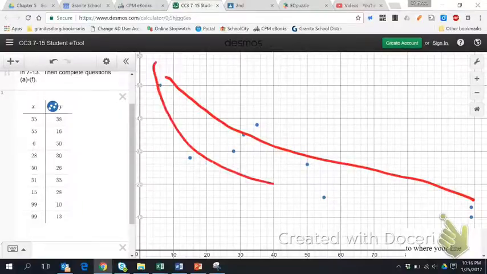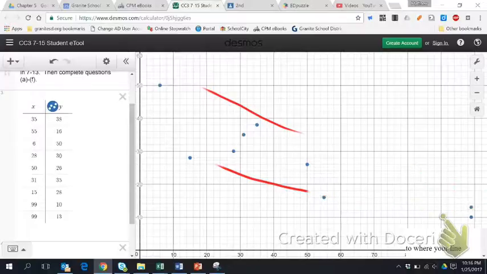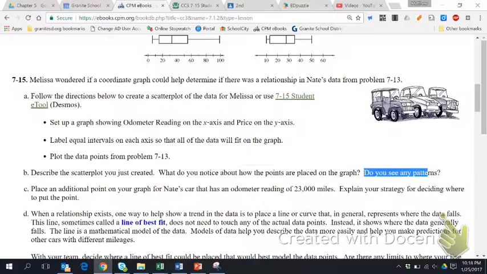All of these seem to be going in this kind of a direction. So I do see this downward sloping to what's happening with this. We do see that the cars are getting lower values the higher up the odometer reading goes. So make sure you've written in your answer for B.